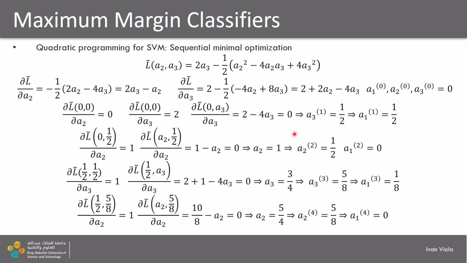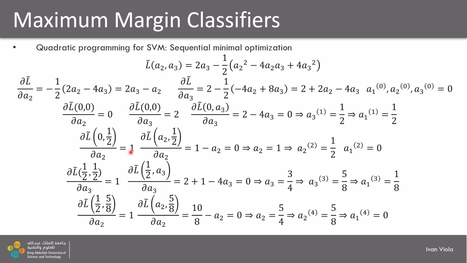In the second iteration, we put for A3 the value 1/2, and for A2 the value 0. What is the partial derivative? Here we can see 1/2 times 2 is 1, so this is a positive value.